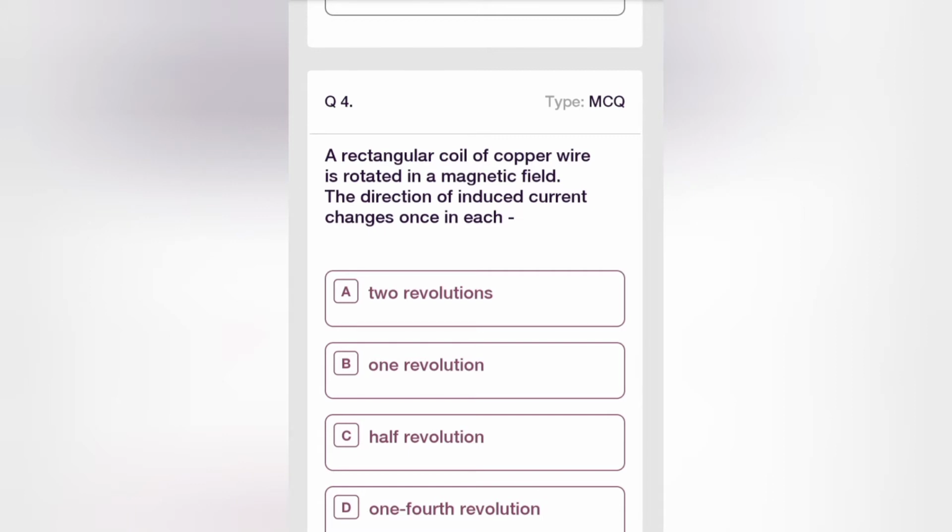So you know that when the rectangular coil makes half revolution, not 1 revolution, then the direction of induced current changes in the commutator. The commutator is the one which changes the direction of the current in the coil. So half revolution is right. Option C is the correct answer. Half rotation we say, right?